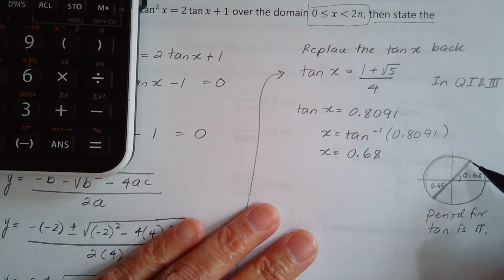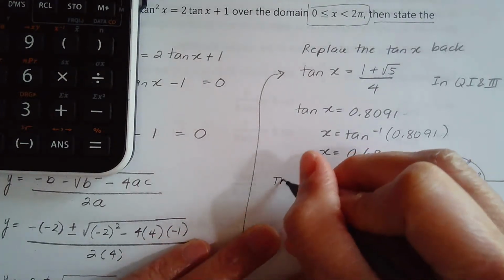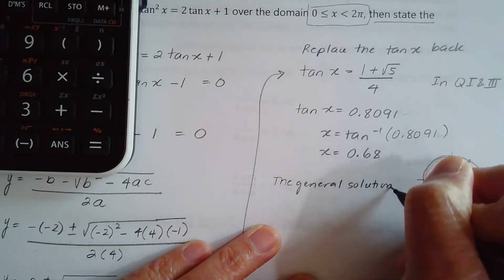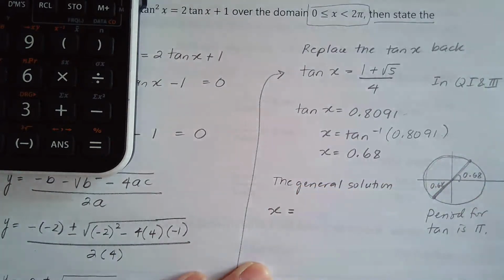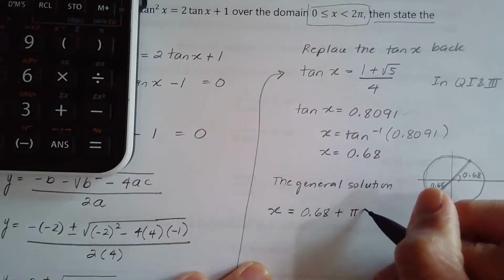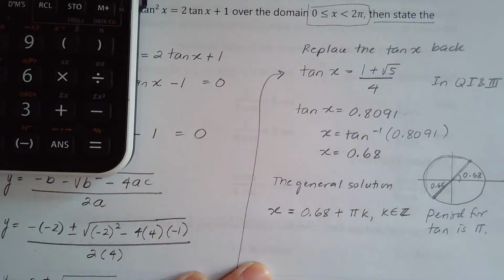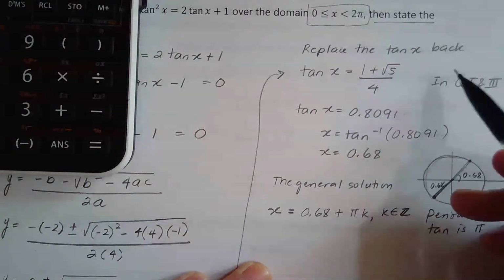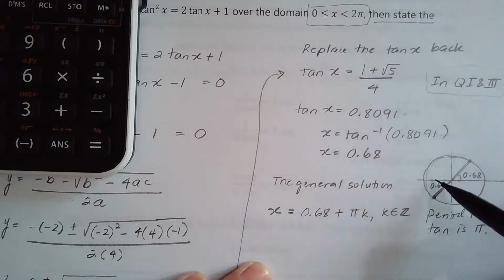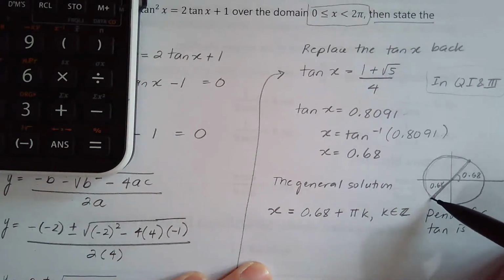In this particular case, the general solution for this is x equals 0.68 plus pi times k, where k is an element of the integers. Okay, so this is only for the solution in quadrant 1 and quadrant 3. If I add pi, then I'm going to go to this quadrant 3 here.